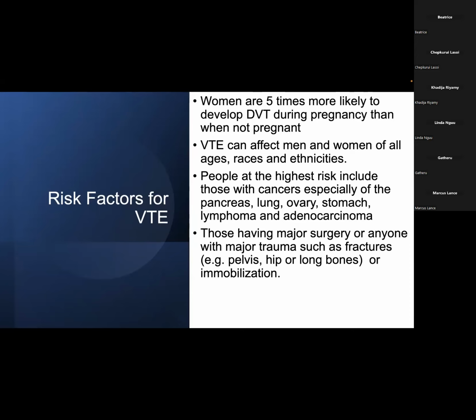People at the highest risk will include those with cancers, especially cancer of the pancreas, lungs, ovary, stomach, lymphomas, and adenocarcinomas. Those having major surgery or anyone with major trauma, such as pelvic, hip, or long bone fractures, or patients who are just immobilized for whatever reason, those who are just lazy, they don't want to exercise, are also likely to develop deep vein thrombosis.